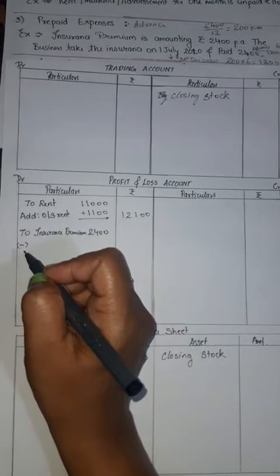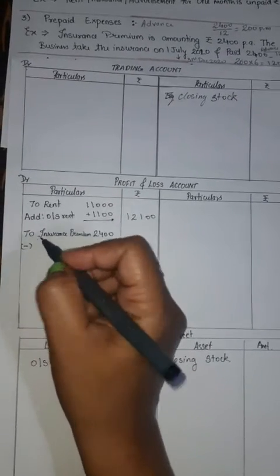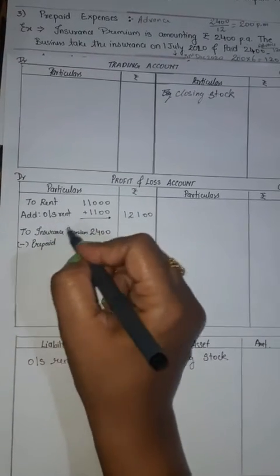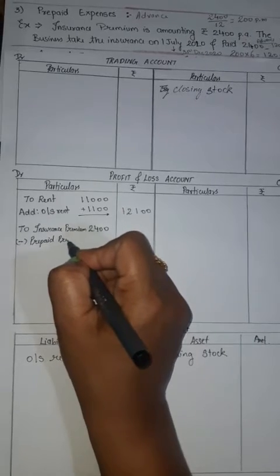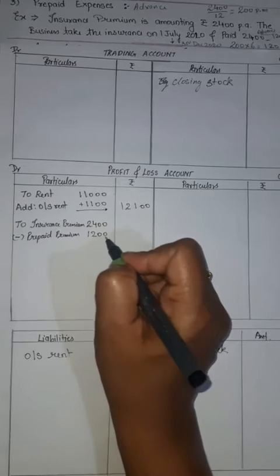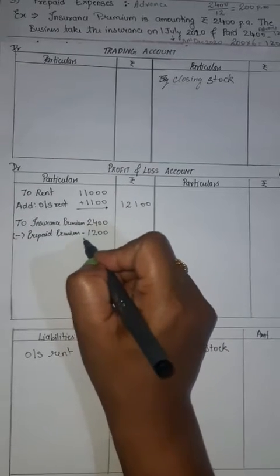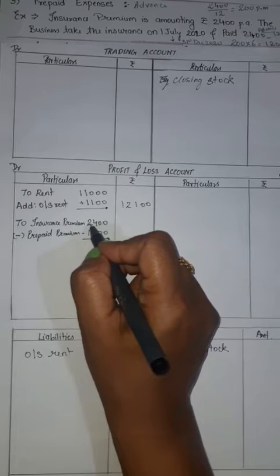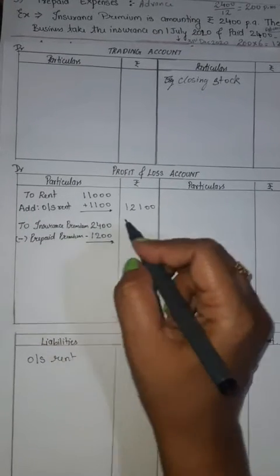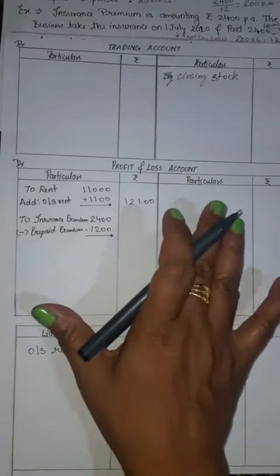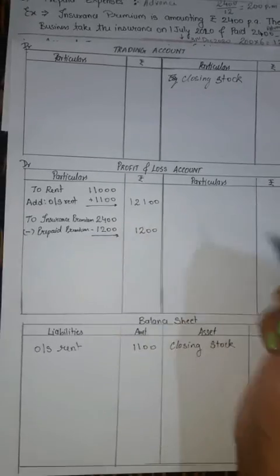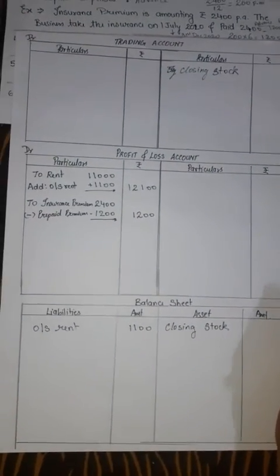That means 1,200 is excess, that is our prepaid, or you can use the word advance premium. 1,200 is the advance. So if you subtract this, in this 2,400, 1,200 is prepaid. So for this particular accounting year, it is only 1,200 which you are supposed to pay. Okay, this is the first effect.